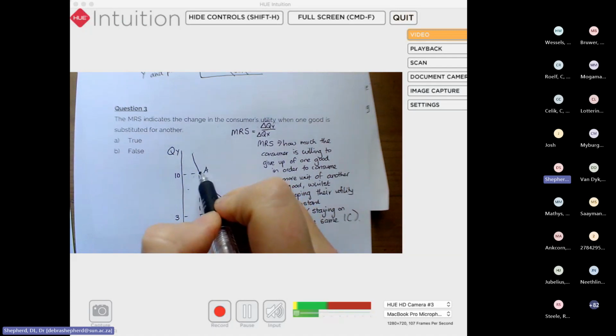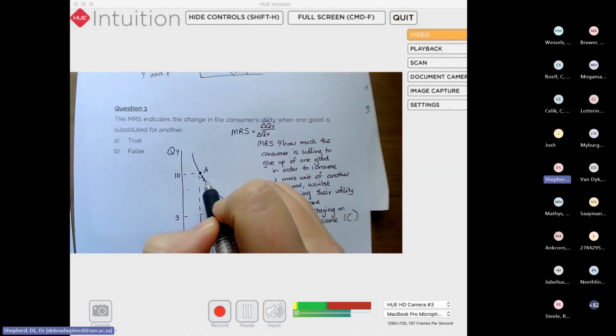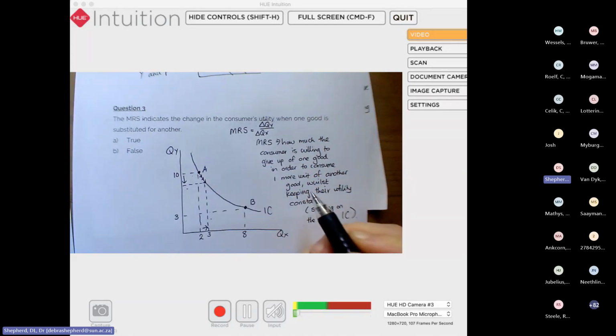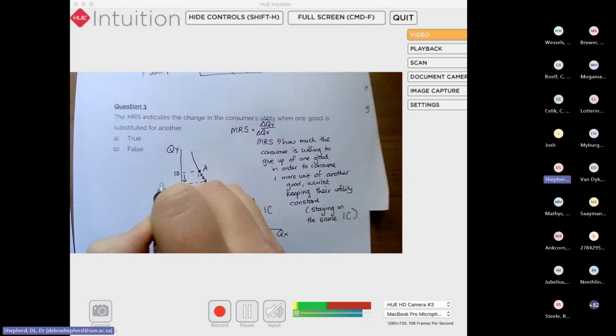So let's say we're at point A and we want to consume 1 more unit of X. So let's say I want to go from 2 units of X to 3 units of X. In order to remain on my indifference curve, so to stay equally satisfied, I'm going to have to give up some Y. And let's, for argument's sake, say that in order to get 1 extra X, I am giving up 2Y.